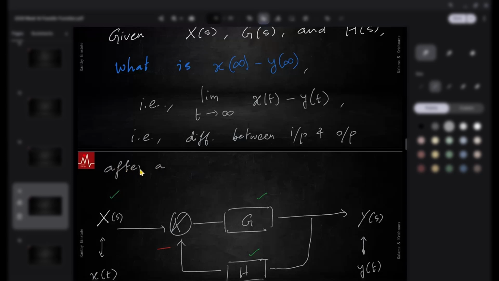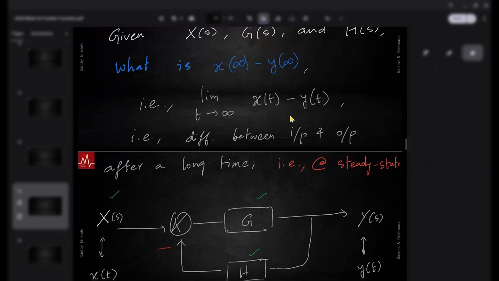After a long time, that is at steady state. But what we want is the difference between this signal and this signal.